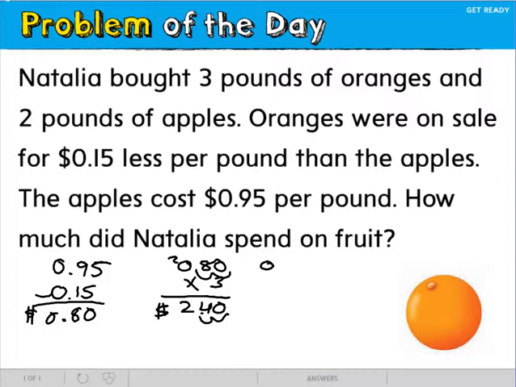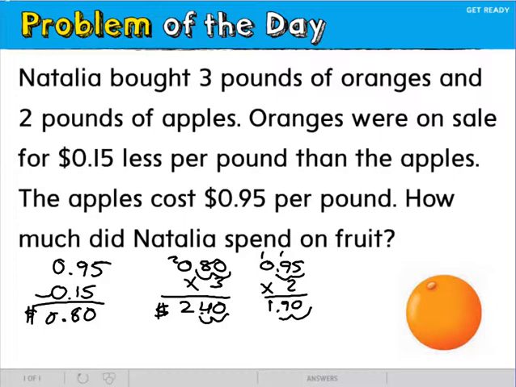Well, that's 95 cents a pound, and she bought 2 pounds. 2 times 5 is 10. 2 times 9 is 18, plus 1 is 19. 2 times 0 is 0, plus 1 is 1. $1.90. Because I have 2 places here, I have to move in 2 places.